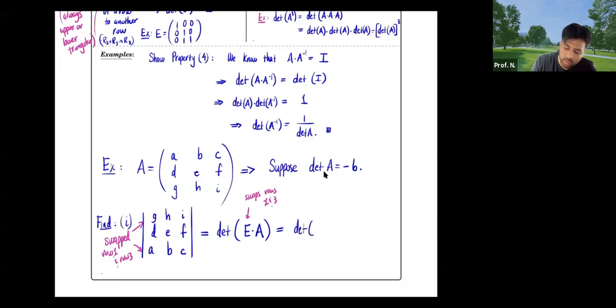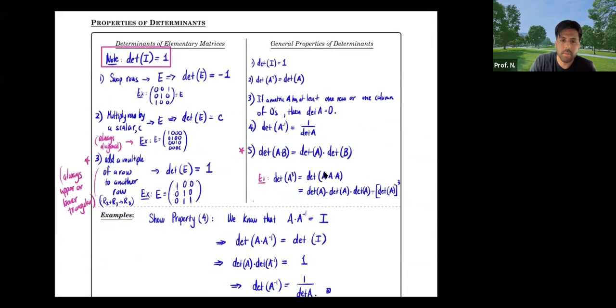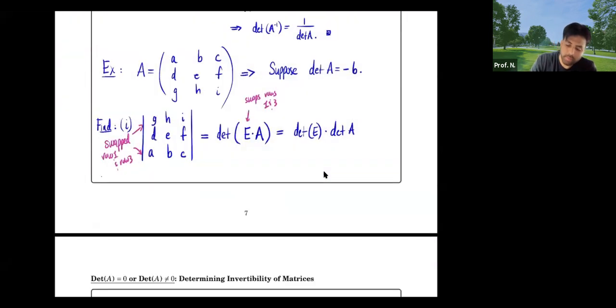The determinant of E multiplied by the determinant of A, correct? But what is the determinant of an elementary matrix that swaps rows? Well, if we have an elementary matrix that swaps rows, the determinant of that matrix is -1. So this becomes -1 multiplied by -6, which equals 6.